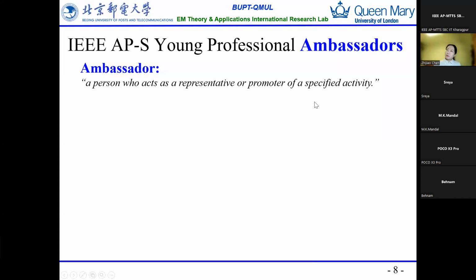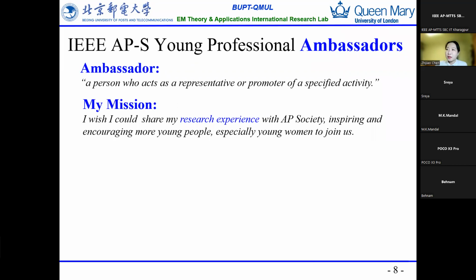Okay, now we come to the ambassador. Before we gave the presentation, we were trained on what ambassador means. That means a person who acts as a representative or promoter of a specified activity. As for me, I have my own mission: I wish I could share my research experience with the APS society and inspire and encourage more young people, especially young women, to join us.